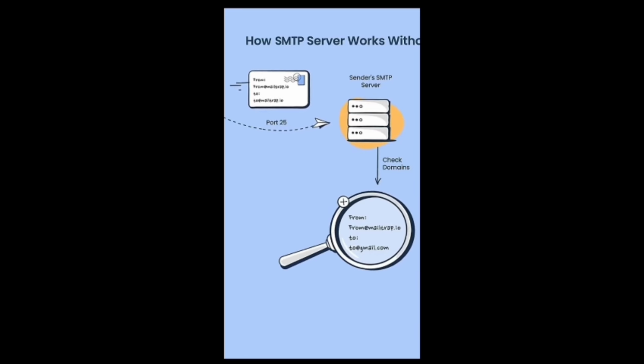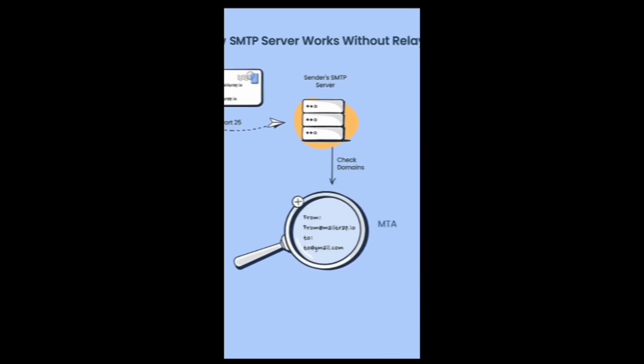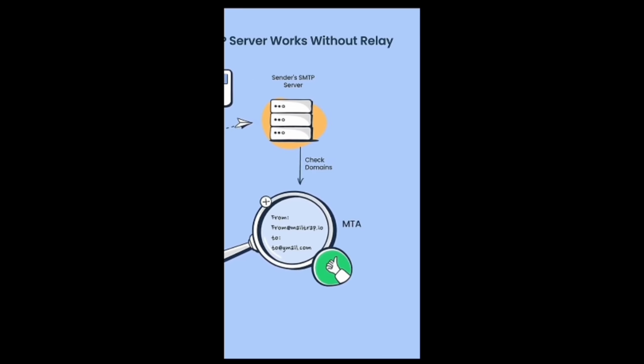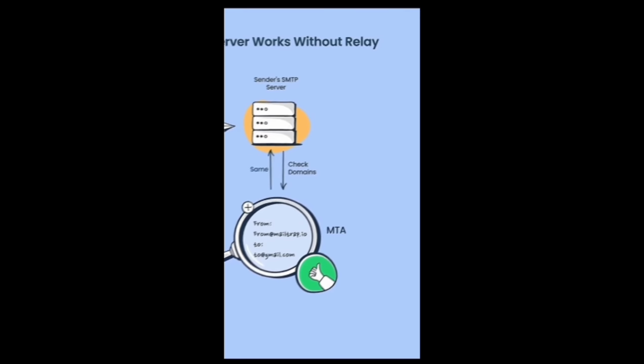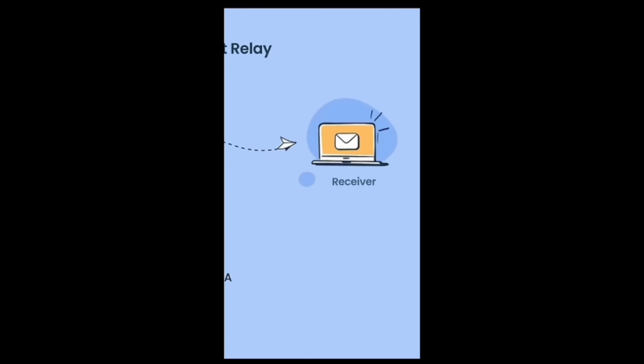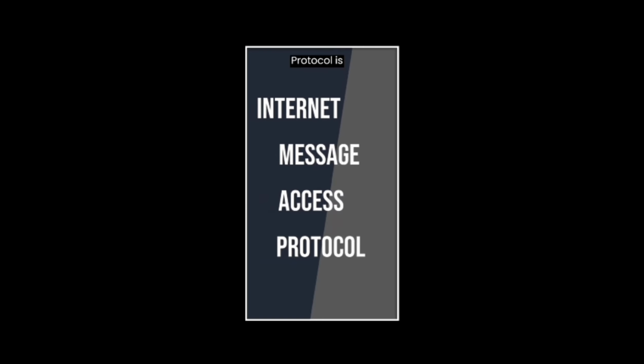Once a message reaches the recipient's mail server, it just sits there, waiting to be picked up. This is where the other protocols come in. That is, POP and IMAP come into play. Let's start with POP. POP is the Post Office Protocol. POP is like visiting the post office box and taking all your letters home.